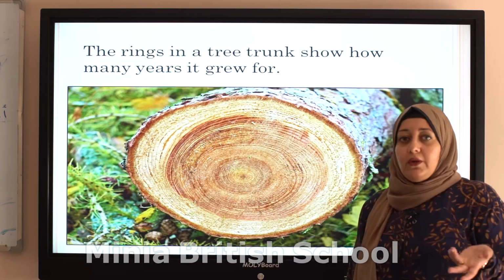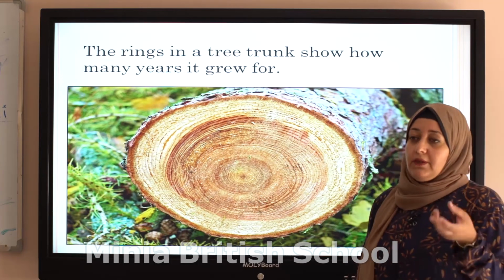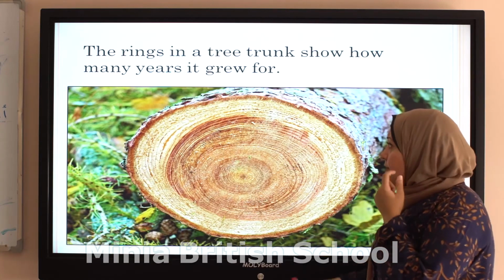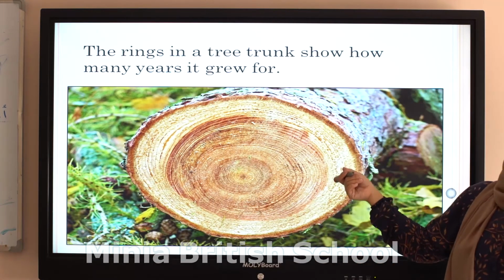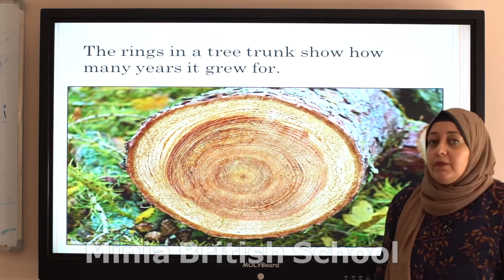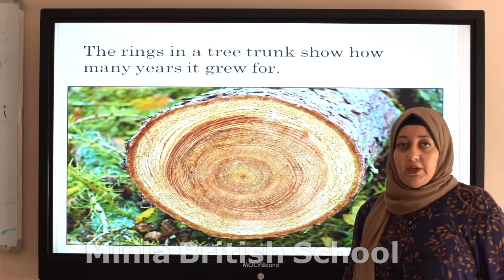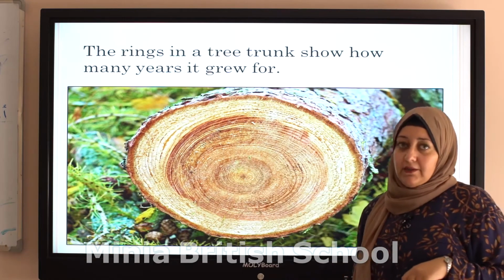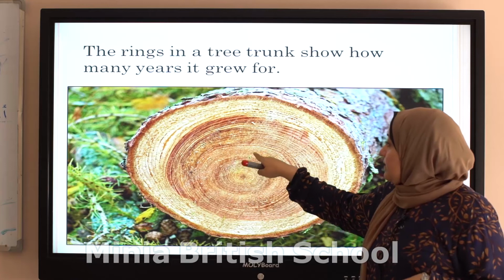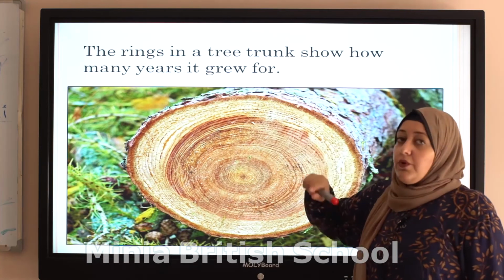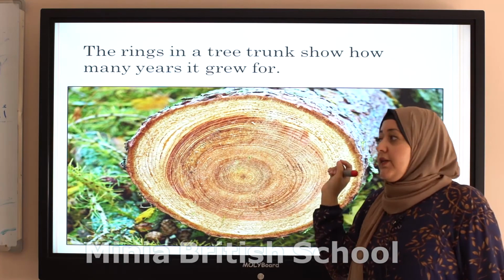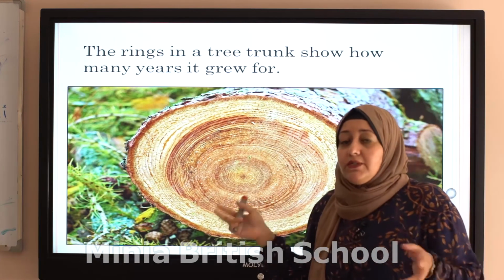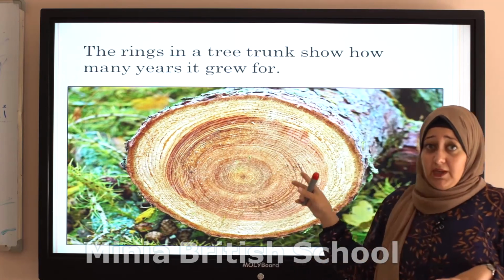If I ask you, how old are you? You will tell me you are 8 years old. So how can we know the age of the tree? By these rings, which are found inside the trunk. By counting these rings, we will know how many years old this tree is.